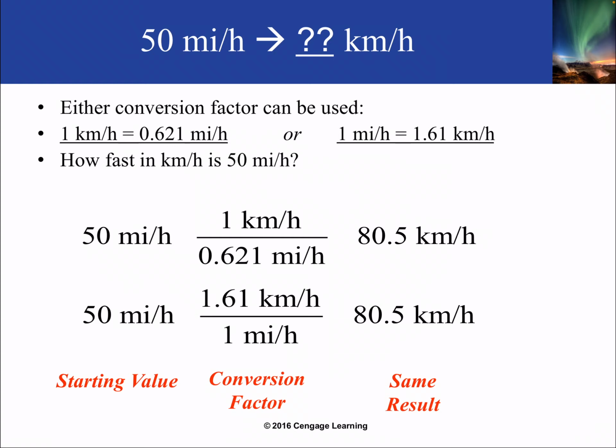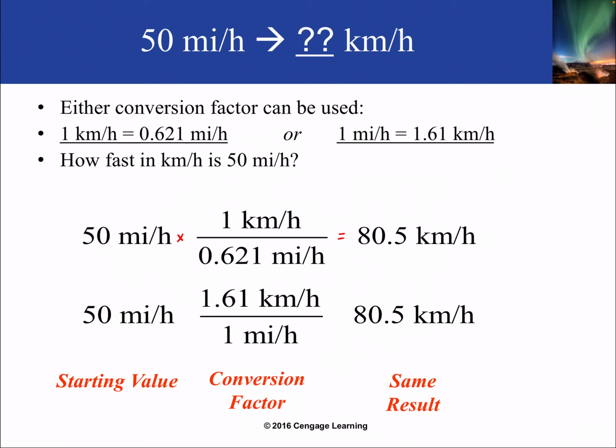So in this top one, we have 50 miles per hour, and you can see that our miles per hour in our conversion factor is on the bottom, so it will cancel. Kilometers per hour is on the top, and that's going to give you this answer.